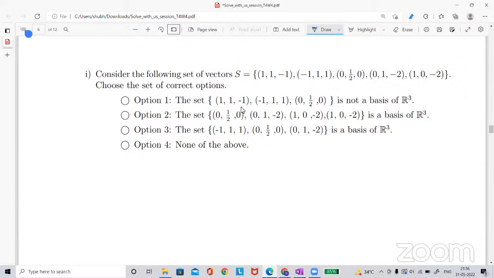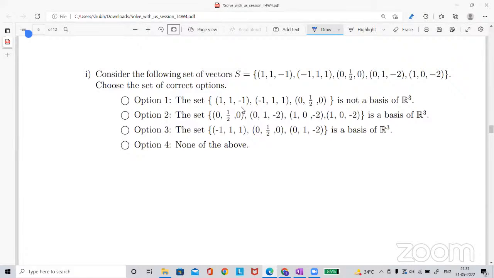Option 1 cannot be correct because it has infinitely many solutions, and they are not unique. When they are not unique, they are dependent, and when they are dependent, they do not form a basis. That means option 1 is true, right? Yes, it is not a basis. The determinant is zero, so it is not a basis.